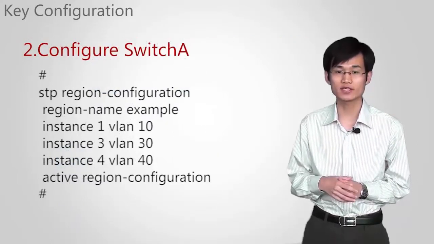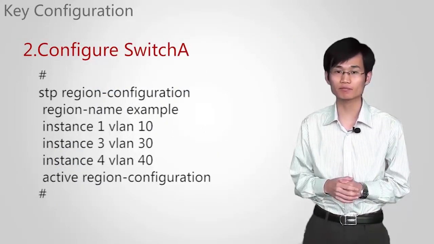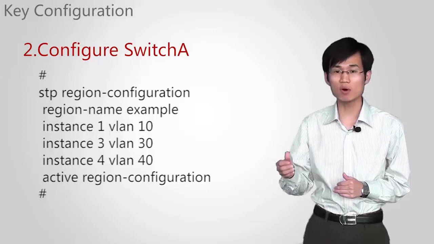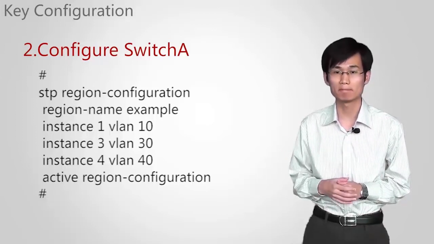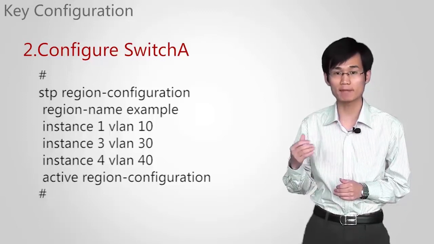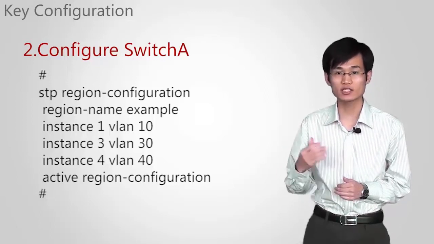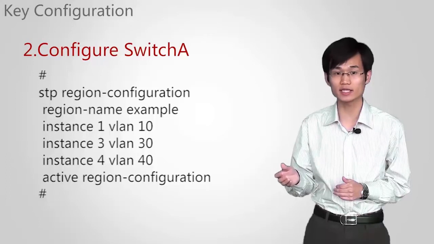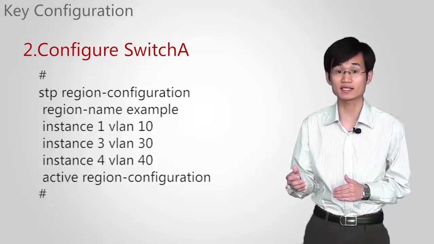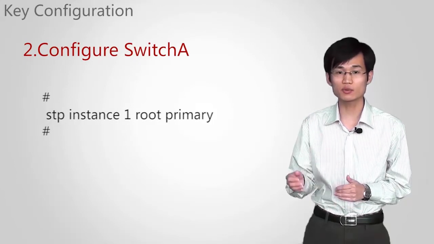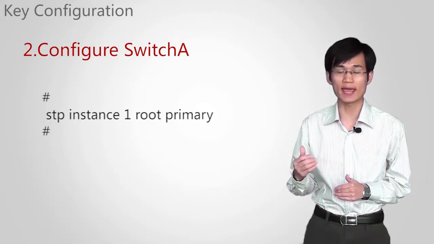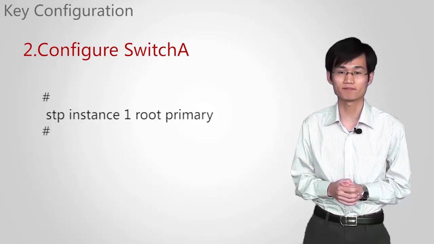Second, configure Switch A. Set the name of an MST region to example. Map VLAN 10 to MSTI1, VLAN 30 to MSTI3, and VLAN 40 to MSTI4. Configure the local switch as the root bridge of MSTI1.